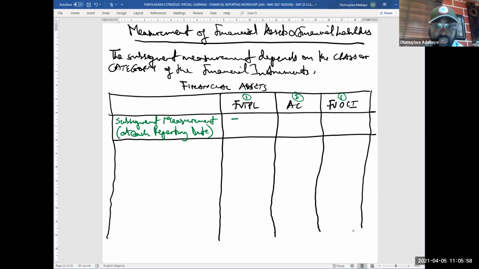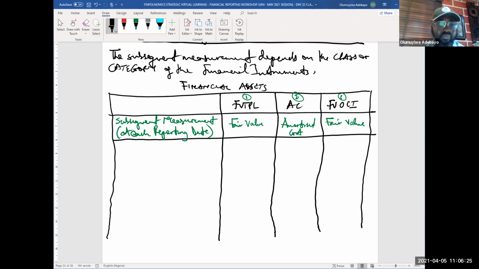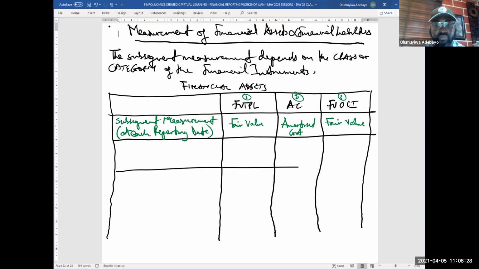Therefore, this will be measured at fair value, while by the name here, this will be measured at amortized cost, and by the name here, this is also measured at fair value. Secondly, how do we account for changes in fair value?